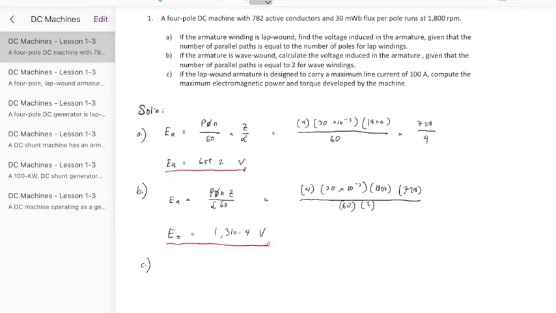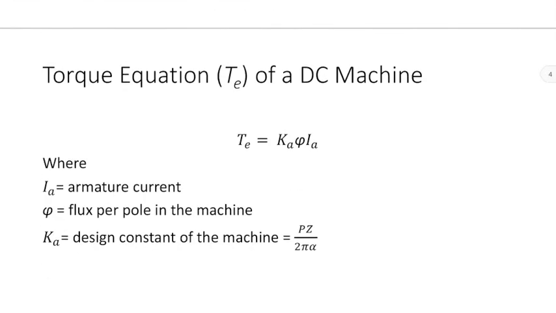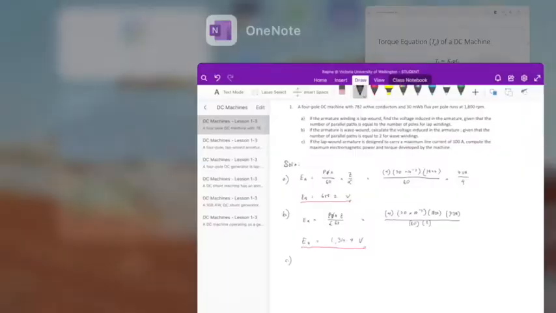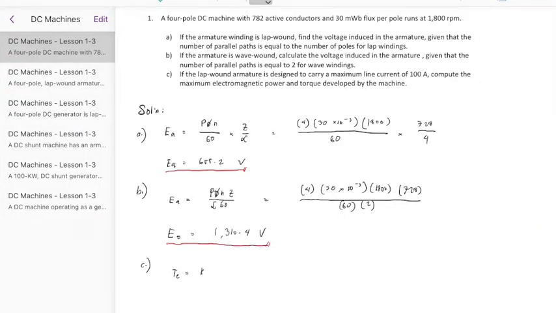The torque equation is T_E equal to K_A phi I_A, equal to P Z over 2 pi alpha, times phi times I_A. Let's substitute. Alpha is 4, because it is lap wound, times 30 times 10 to the negative 3.